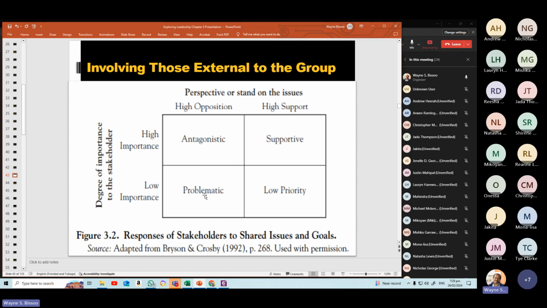This area here, problematic, is high levels of opposition but low importance. That's problematic because are you going to get people to commit one way or the other? Then highly antagonistic is highly important, and therefore there's a high level of opposition to it. That's going to be important for you to already recognize, because those are the people that you have to kind of get into the other zone, which is high level of support and high importance.